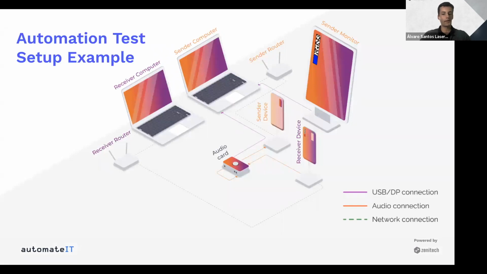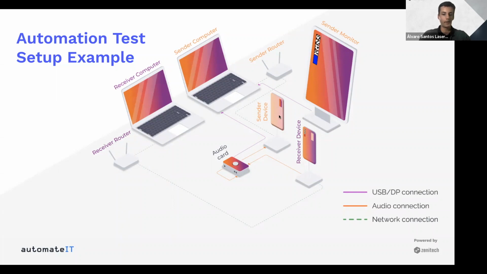I will showcase one simple example. In this case, we are talking about a test between a mobile device, which is the sender device, and a receiver device, which is also a mobile device. The sender device is facing a monitor screen, which contains some markers in the top left corner.